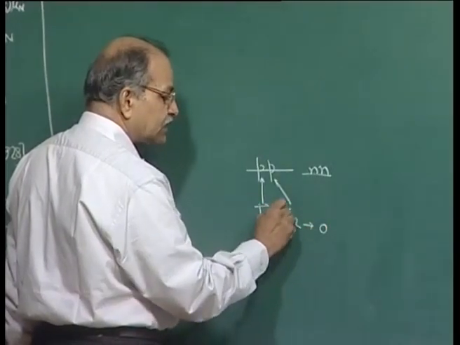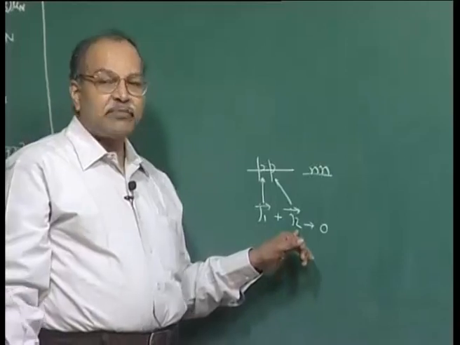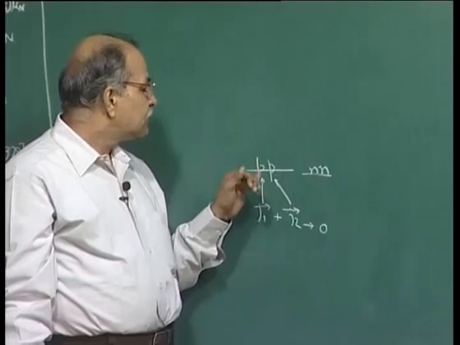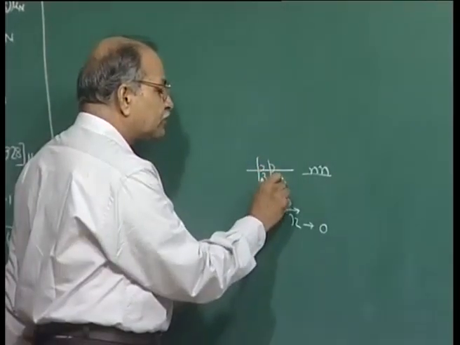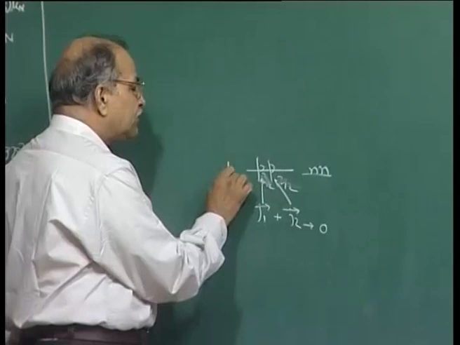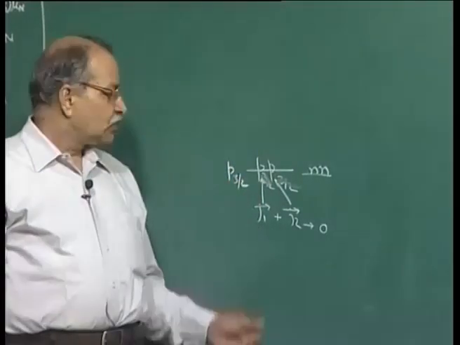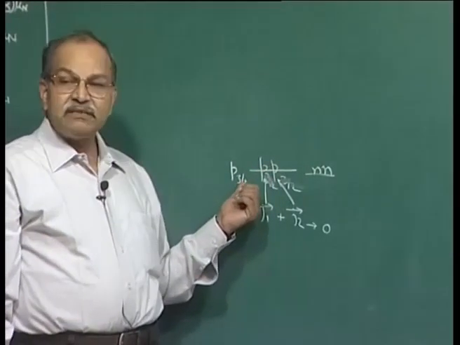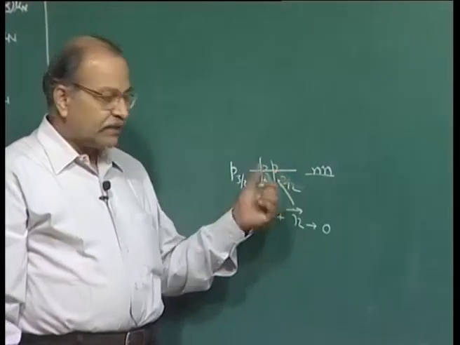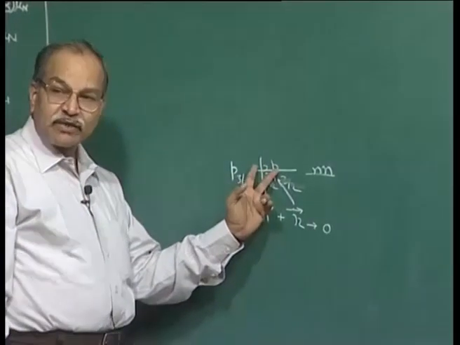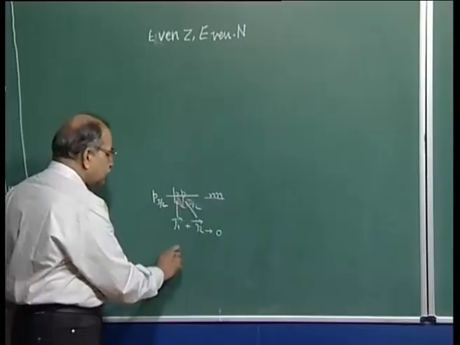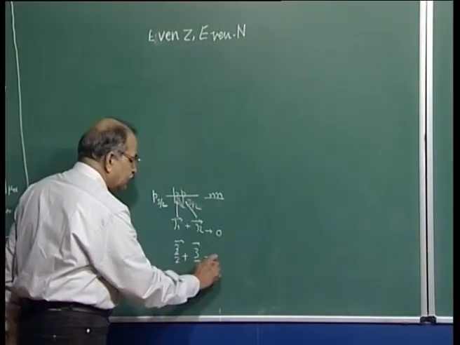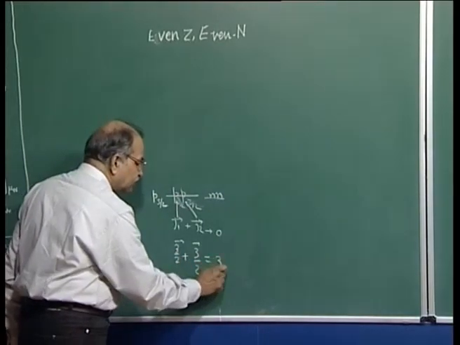In general this plus this can give many other things. For example, if it is P 3 by 2, proton proton in the level P 3 by 2, 3 by 2 is the J value for the first proton, 3 by 2 is the J value for the second proton, then the total angular momentum quantum number can be 3, that is this plus this, and 0, that is this minus this.